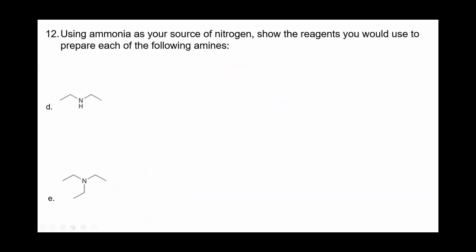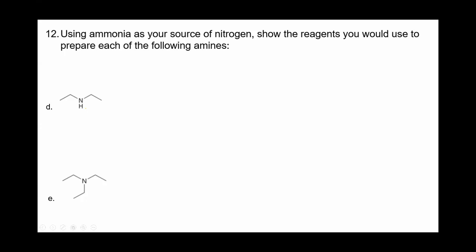All right, for question number 12, using ammonia as your source of nitrogen, show the reagents you would use to prepare each of the following amines. So if you wanted to use reductive amination, you would have to make your ethyl amines here. You can't just use ammonia. So that is going to be one of our caveats.